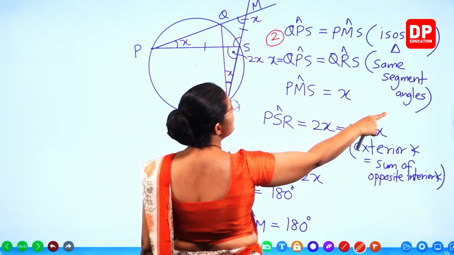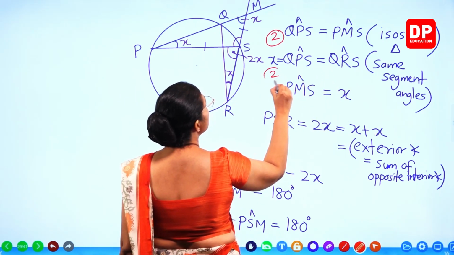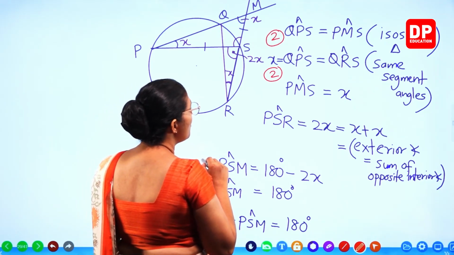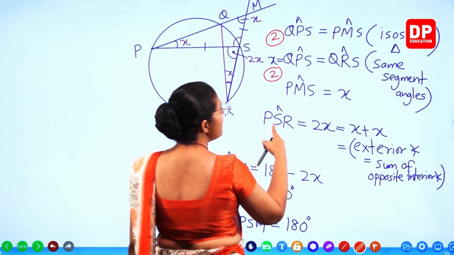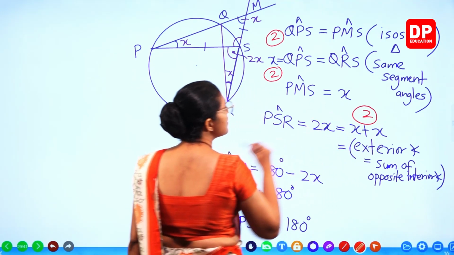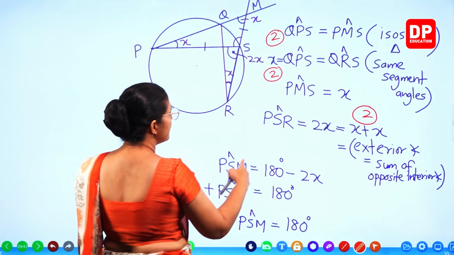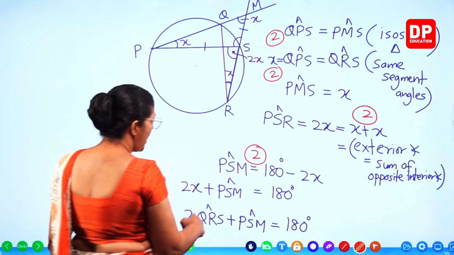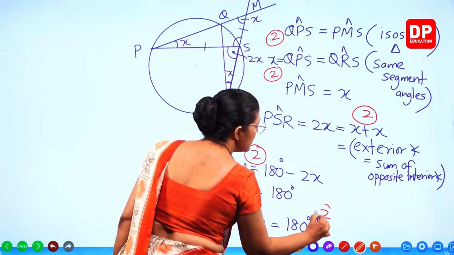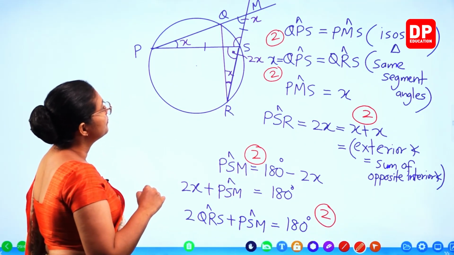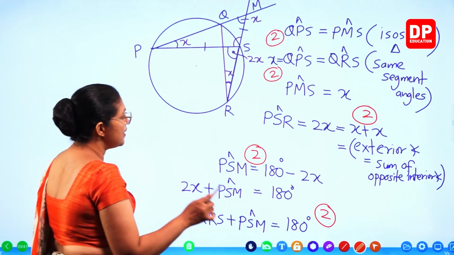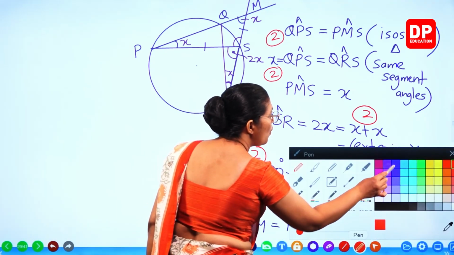Then same segment angles, we'll give 2 marks for writing that down. Then exterior angle, 2 marks. And taking this one, 2 marks. And final answer, 2 marks. So altogether, 10 marks for the whole question.